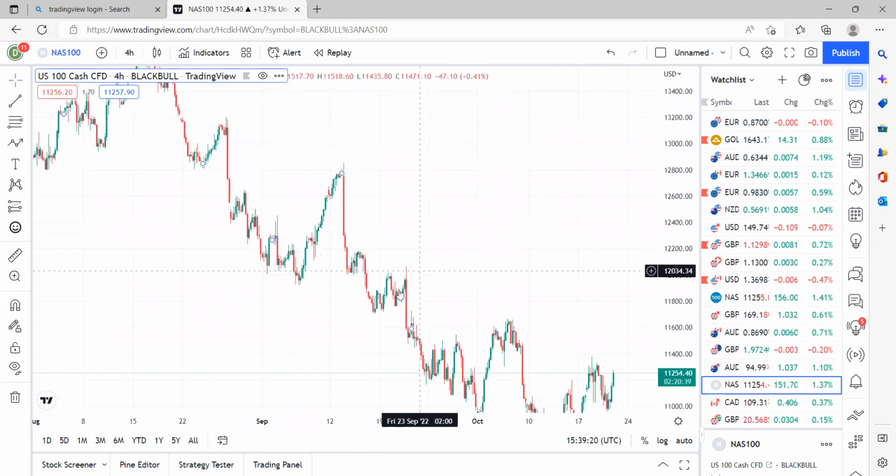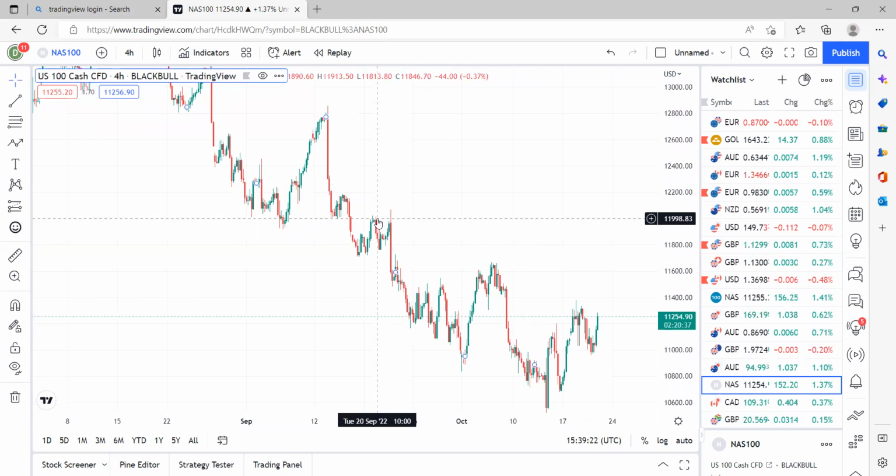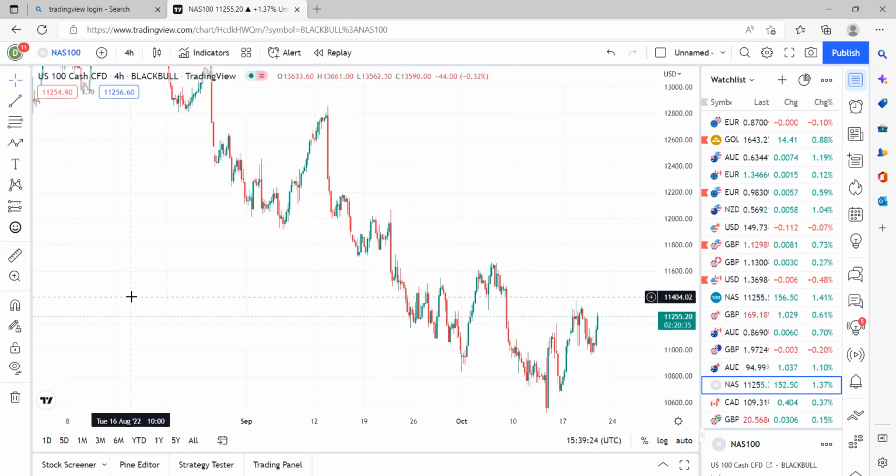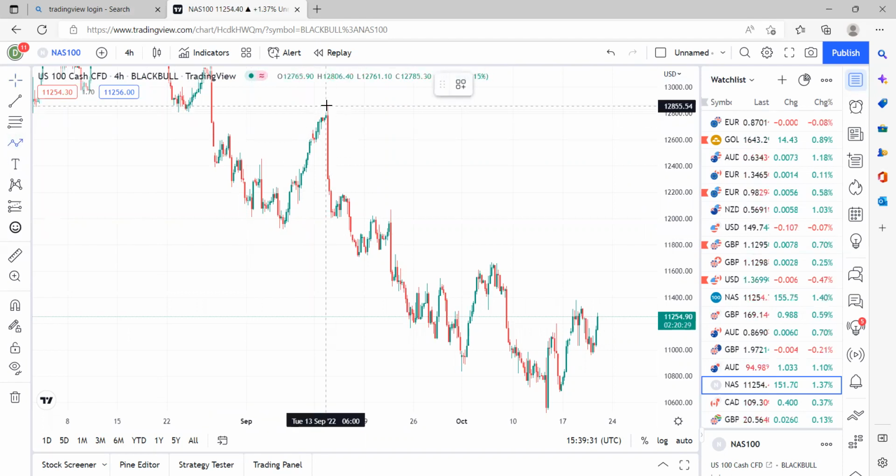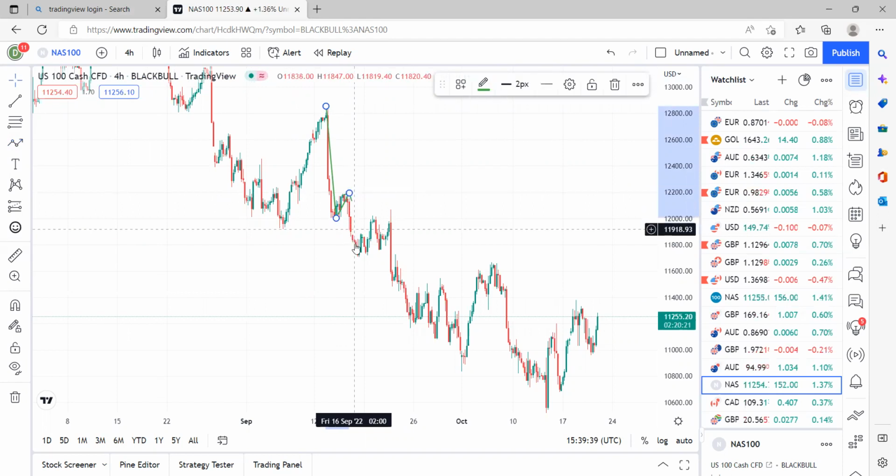So we can simply have our example here. We have our high here, we have our low here, we have our higher high, our lower high here.